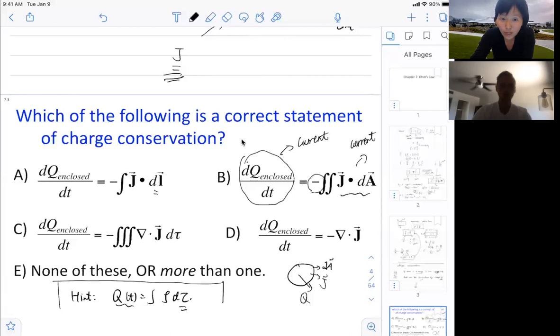We have a positive flux, meaning the net flow out of the volume is positive, going out. So if current is flowing out, this is positive. And what is dq dt? Meaning that the charge inside the volume is increasing or decreasing if charges are leaving.